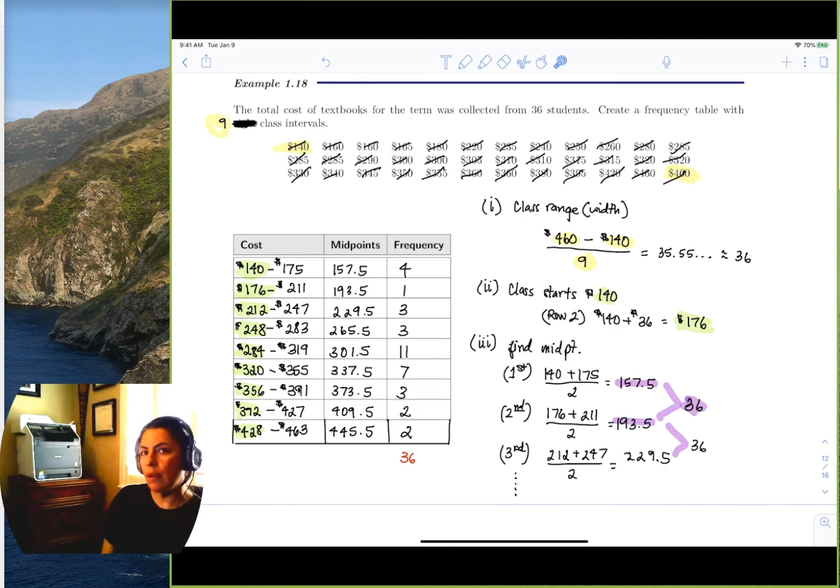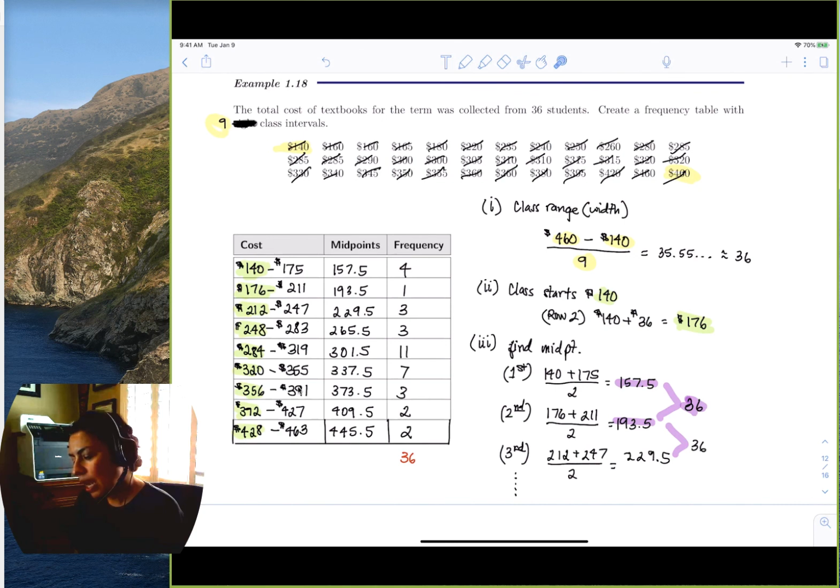So it looks like we captured all the textbook costs. And this looks nice. We constructed, once again, a frequency table with 9 class intervals of width 36, and with midpoints and the counts or the frequencies for each of the categories.